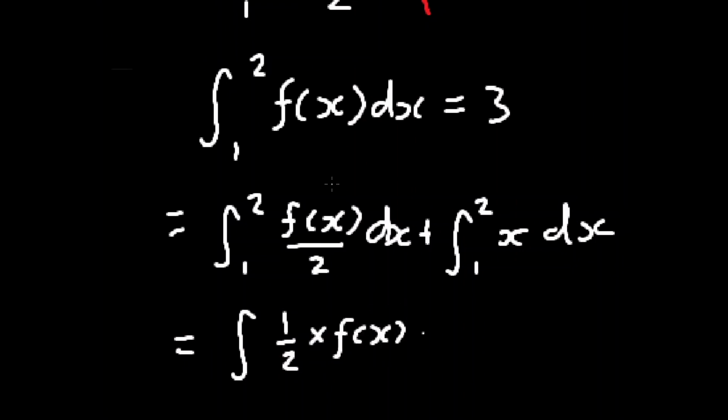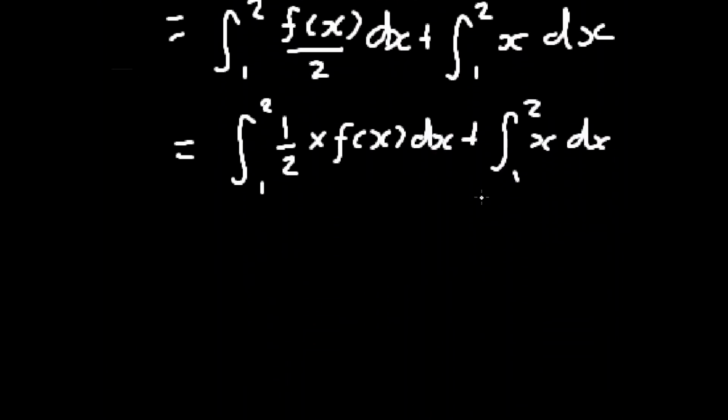Now, the cool thing about integrals is that you can take that 1/2 and bring it out the front, okay? So if there's a constant, like a number, 3, a pi, an e, you can bring it out the front, but if it's a variable, you cannot bring it out the front, okay? So let's do that, and then we can start solving this equation.